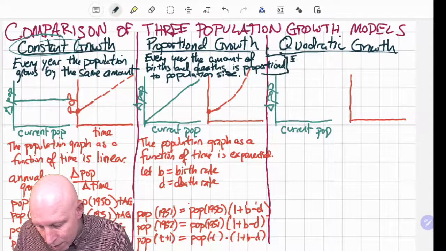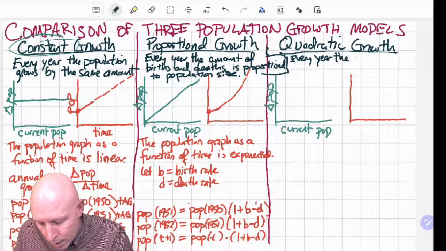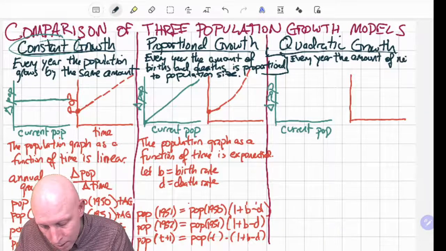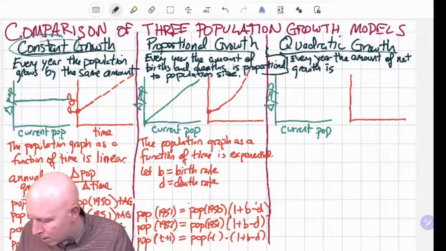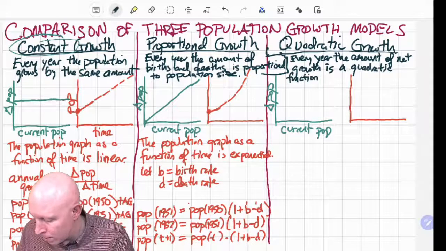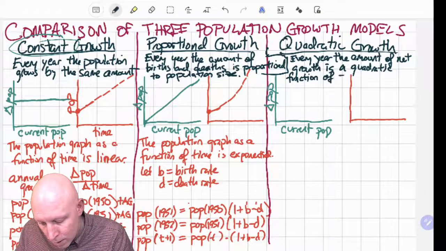So the quadratic growth model, the rule here is that every year the amount of net growth is a quadratic function of the current population.